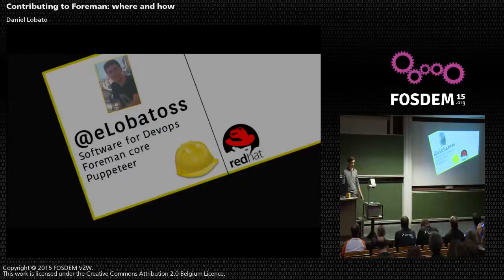My work these days is mostly on Foreman Core and Foreman Docker, which is a plugin that we're trying to make so that you can use containers and manage them and manage private registries. And the Puppet part, I guess, is because I prefer Puppet to other configuration management solutions.